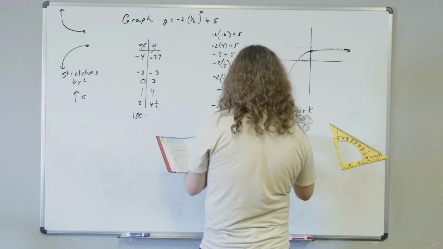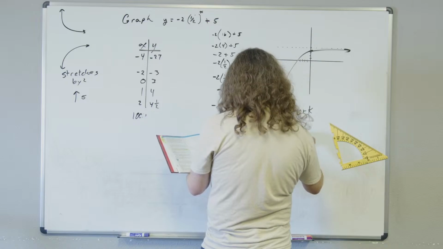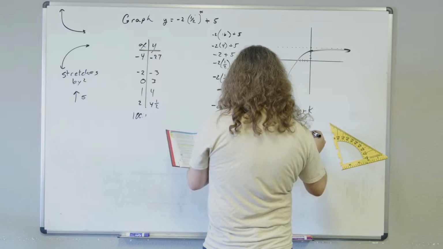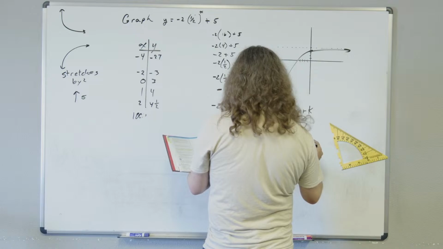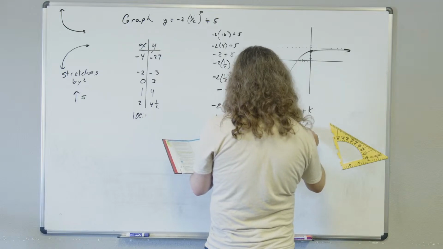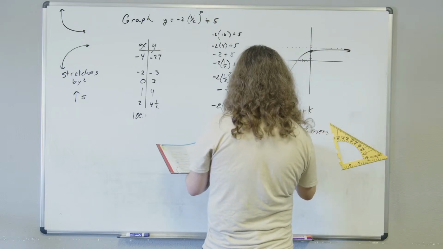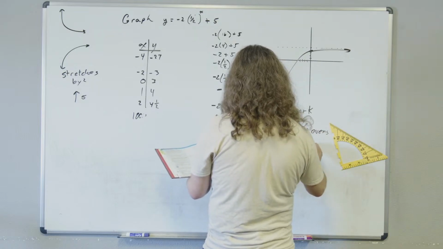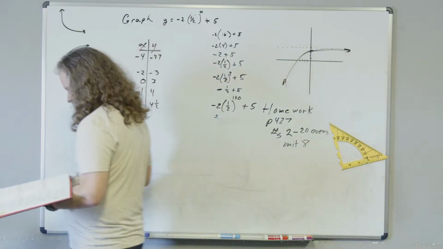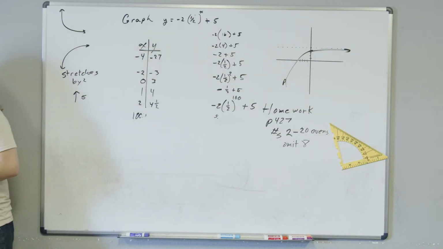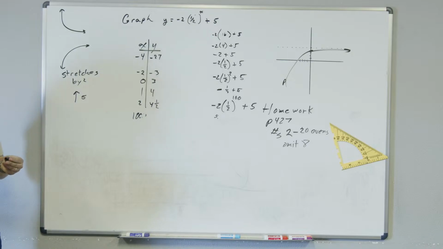Numbers 2 through 20 evens. You're so nice to us. Omit 8. What's that supposed to mean? Means don't do 8. Boom. What's wrong with the 8?